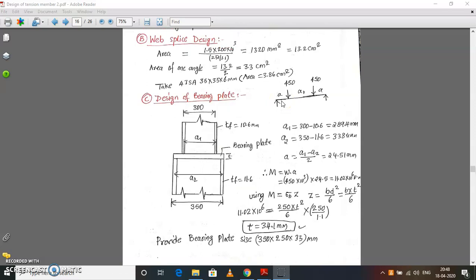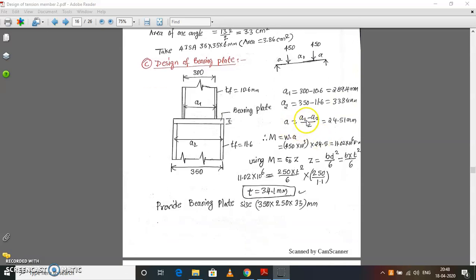So now let us consider the design of the bearing plate. This is the bearing plate to be designed between the upper column and the lower column. This bearing plate is loaded like this. This is 450. The load is acting at these points, and this is the distance A that can be calculated by using these values A1 and A2. So A1 is this one. From here to here, 300 minus the thickness of the flanges on either side, you get 289.4 millimeter, and A2 is 350 minus the thickness of the flange, 338.4 millimeter.